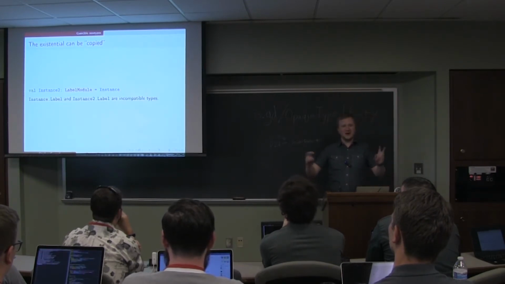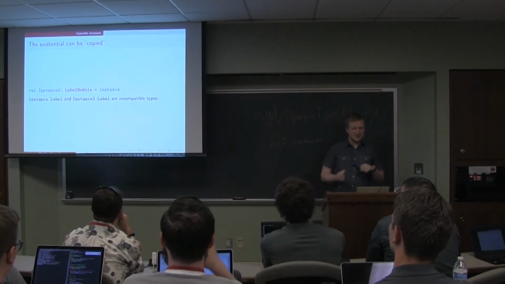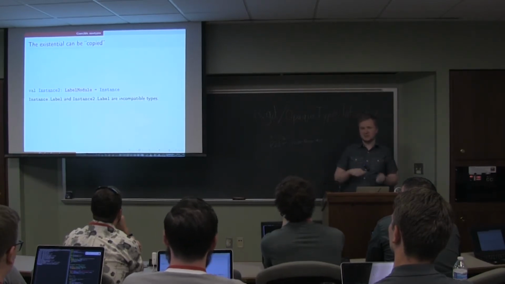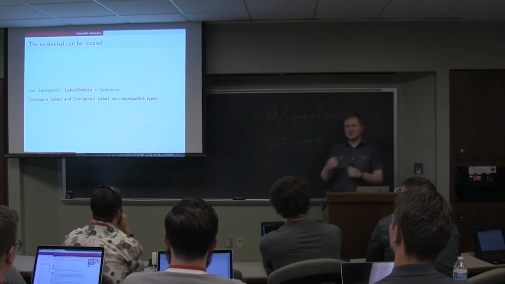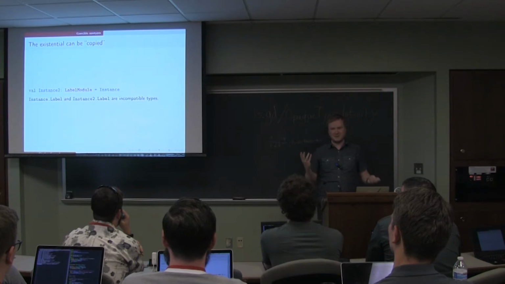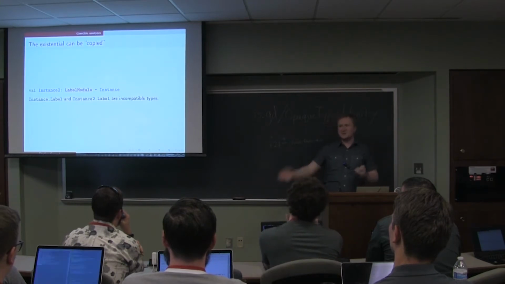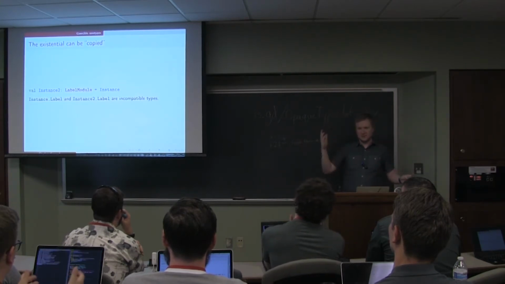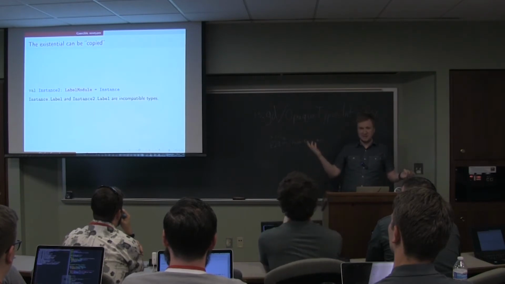So I've copied the val, and because of that, I've copied the type. So there's still just one structure underneath, right? But Scala will actually treat instance.Label, our original opaque type, and instance2.Label, our new one, as independent opaque types. So you can use this to create a whole bunch of opaque types that are unrelated if you need them.